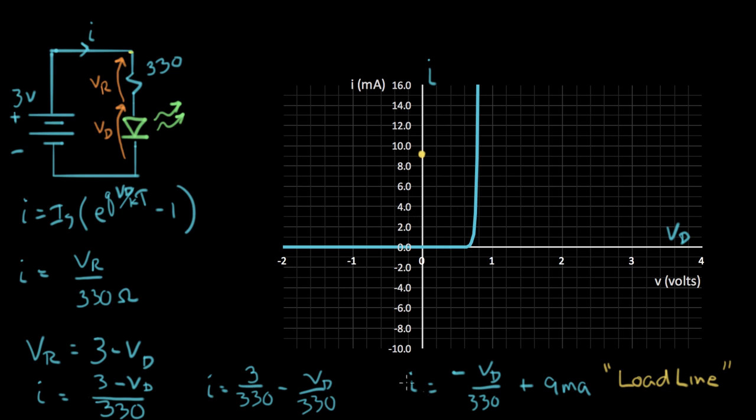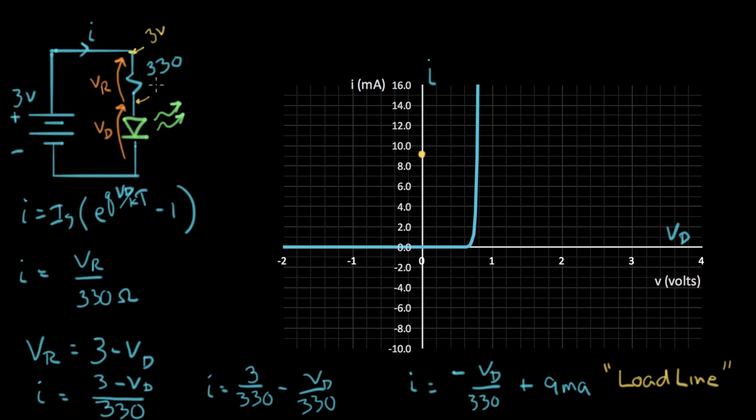But what else can I set to 0? I can set I equal to 0, which means I'm on the voltage axis. And what I'm actually going to do is just look at my circuit and figure this out in my head. I equals 0 means there's no current in this resistor, which means there's no voltage drop across that resistor. And that means that this voltage here is the same as this voltage here. And I know the voltage here is 3 volts.